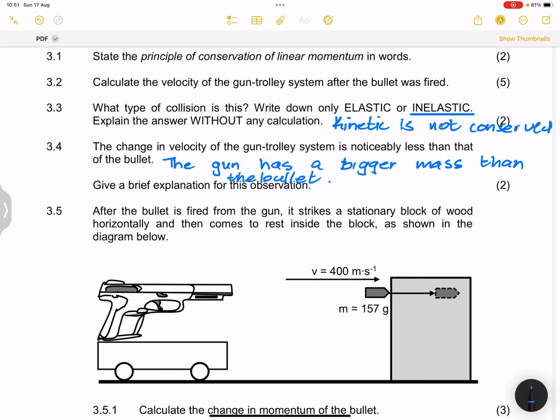According to Newton's laws, the force exerted on each is the same, only in the opposite direction. That's according to Newton's third law, right?